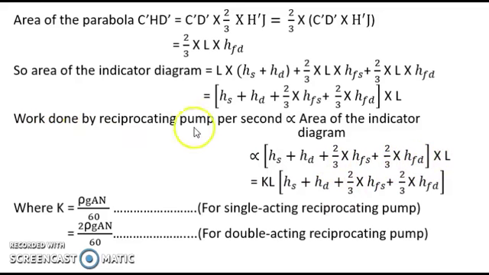So work done by the reciprocating pump per second is equal to K into capital L into HS plus HD plus 2 by 3 HFS plus 2 by 3 HFD, where this K is equal to rho GAN by 60 for a single acting reciprocating pump, and this K is equal to 2 rho GAN by 60 for a double acting reciprocating pump.